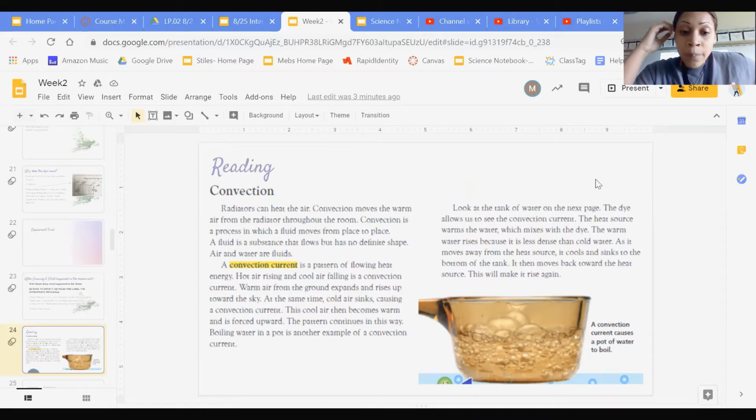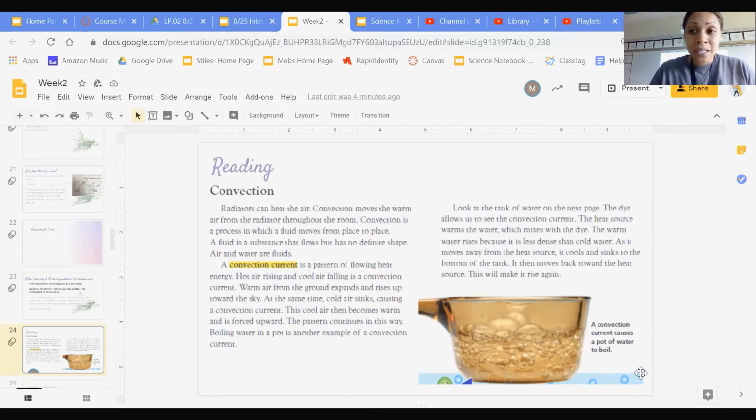So boiling water in a pot is an example of convection, because if you look at the picture, that pot is sitting on that burner, remember? And that burner is hot. So heat transfers from the burner to the pot by conduction because the burner and the pot are touching. But the water inside the pot is making a convection current, because the bottom of the pot is hotter than the top, okay?